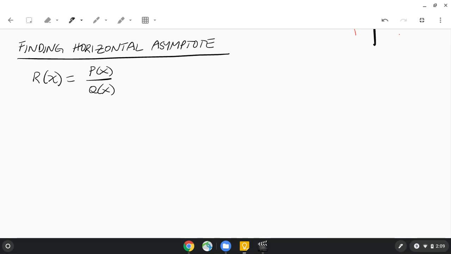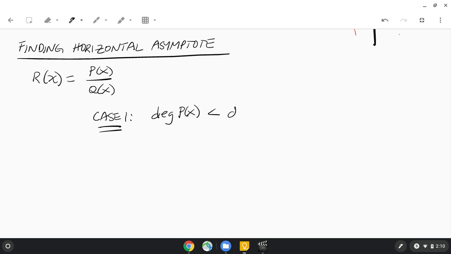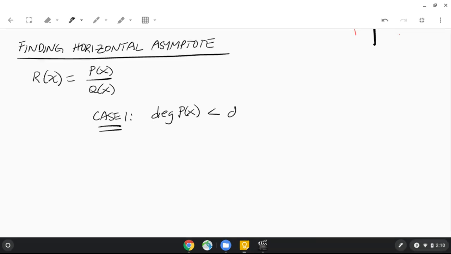Okay, so Case 1. The degree in the numerator, the degree of p of x, is less than the degree of q of x.